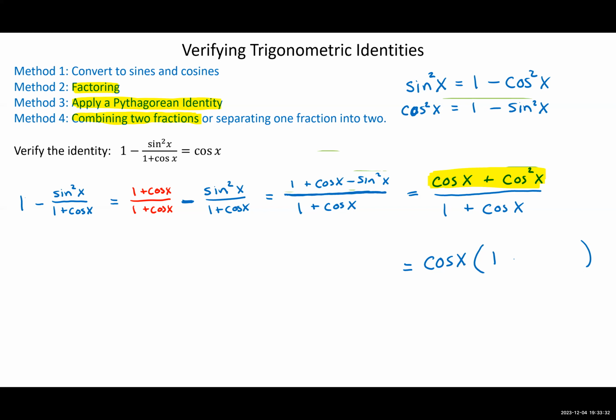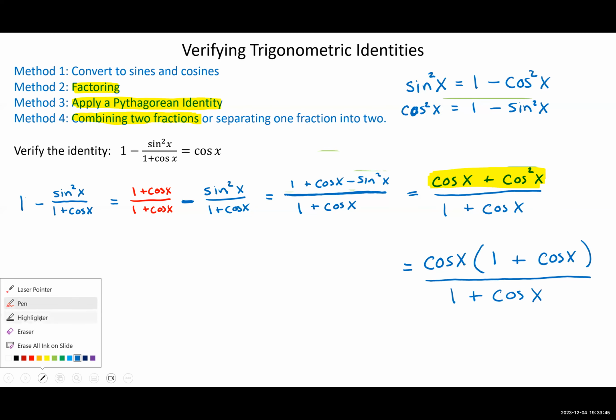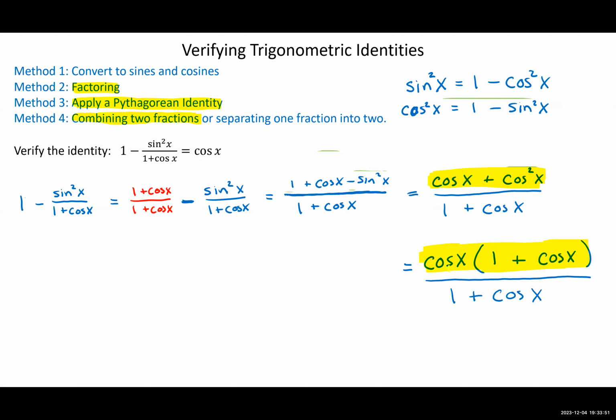So we're left with 1 plus cosine of x. So this yellow part became this yellow part. Cosine x plus cosine squared of x.